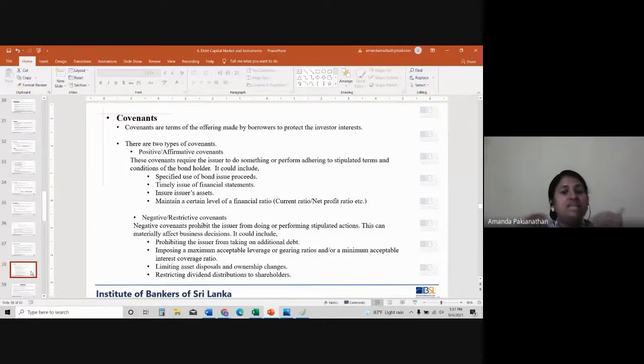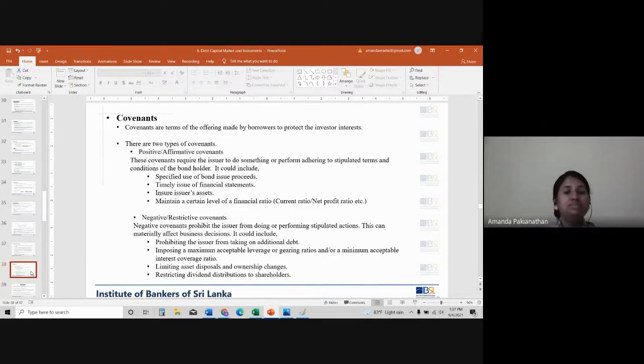But if the investors feel it's very risky to invest in this company, they would say, we would invest in this debenture of yours, but there are certain conditions that we want you to comply with.